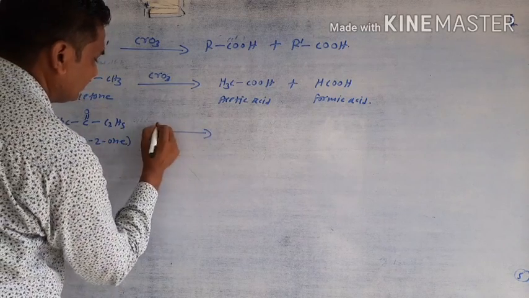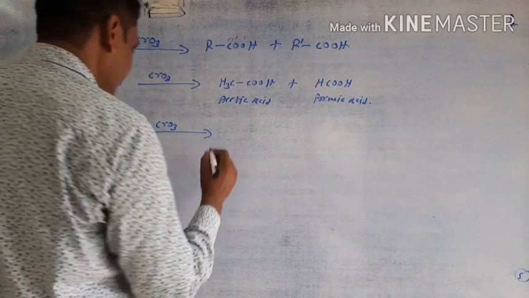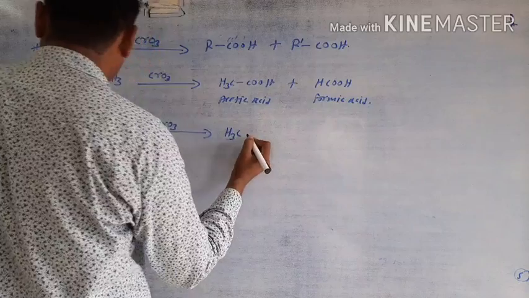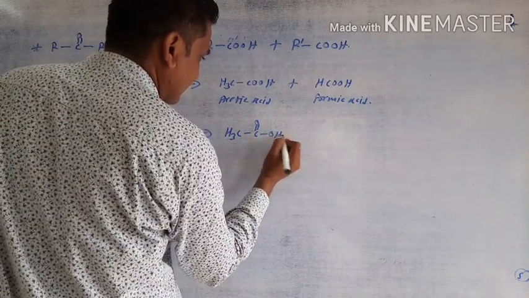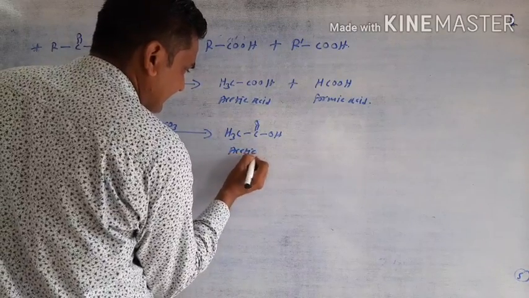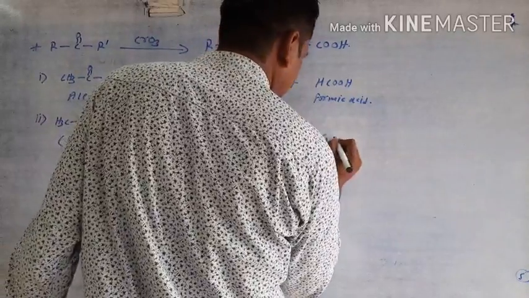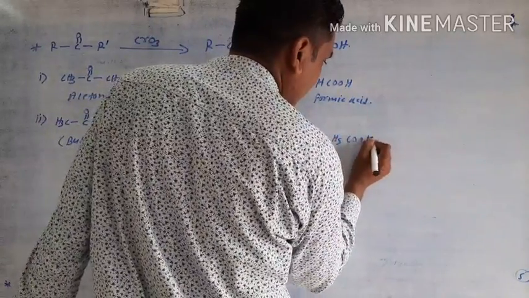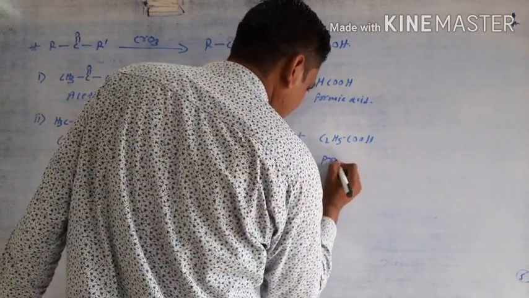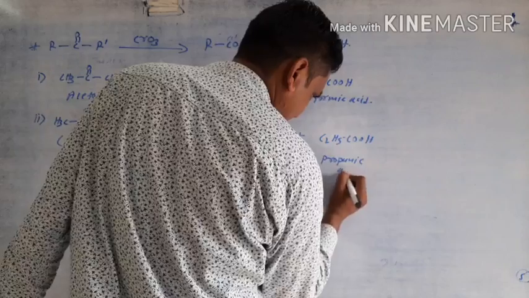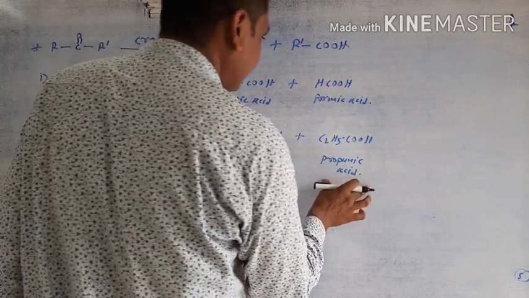This molecule also reacts with a strong oxidizing reagent like CrO3, then gives acetic acid plus C2H5COOH, which is propanoic acid. This gives a mixture of two acids: one is acetic acid and the other is propanoic acid.